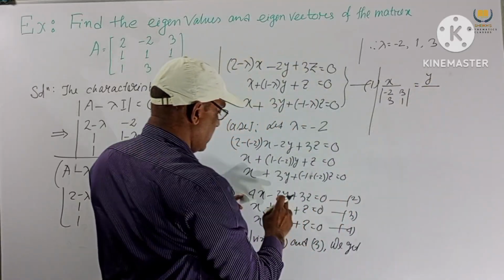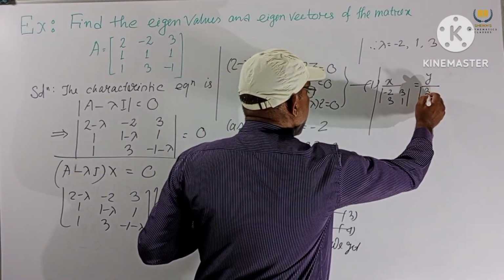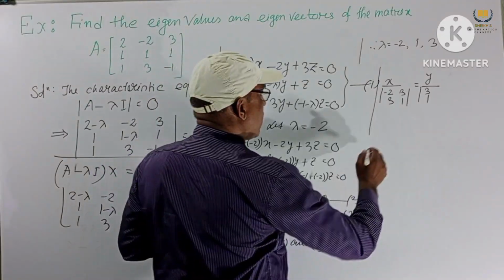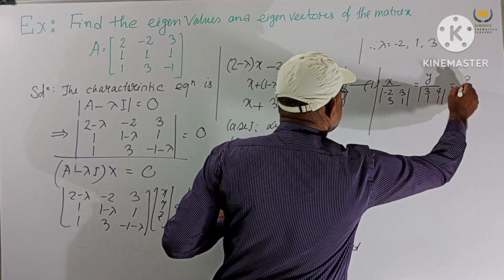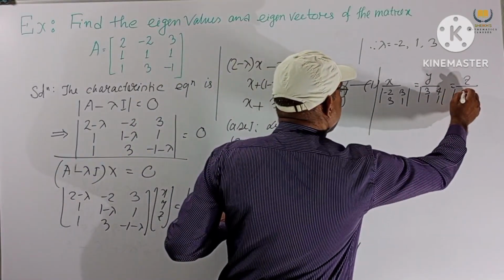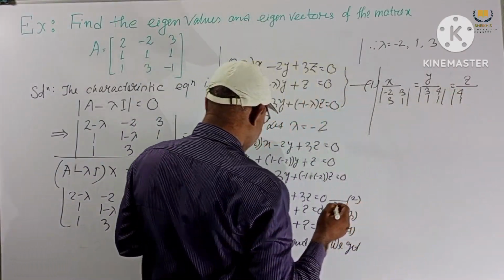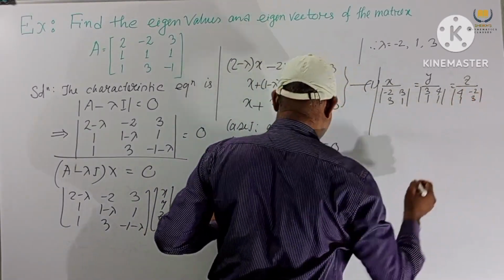Y, then this cancels, 3, 1, 4, 1. Z, this cancels, 4, 1, minus 2, 3.